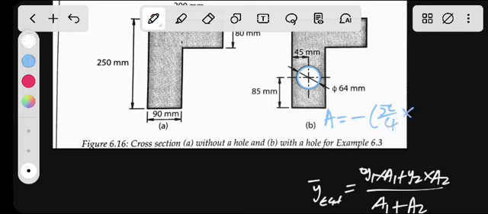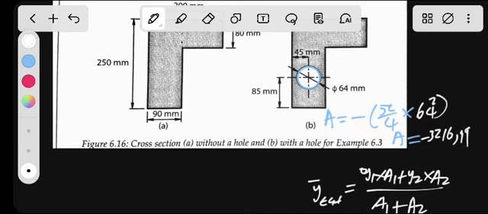What is our diameter there? 64, so 64 squared. So what will be the area? The area there must be negative, a huge number, 3216.99.